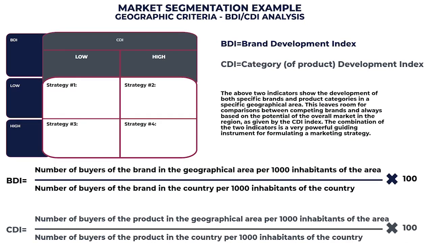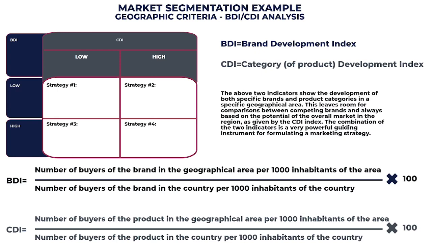So in the last case, strategy number 4, we have a high BDI score and a high CDI score as well. So this means that there is demand for our brand in this area and there is demand for the category of the product in this area as well. And both indicators are satisfactory, so in this case we need to make sure that our marketing mix, which is working very well, stays the same.